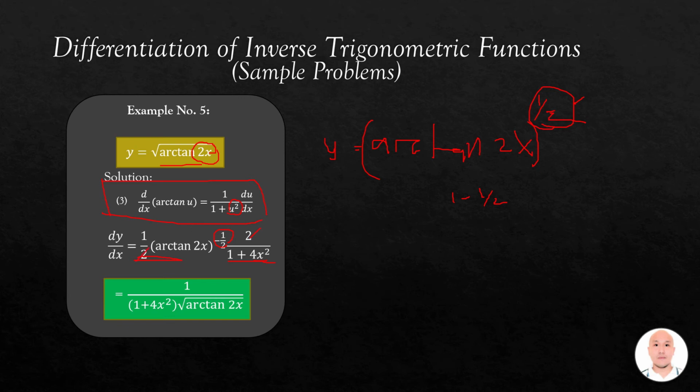So that's why our final answer is 1 over 1 plus 4x squared square root of arctan 2x.